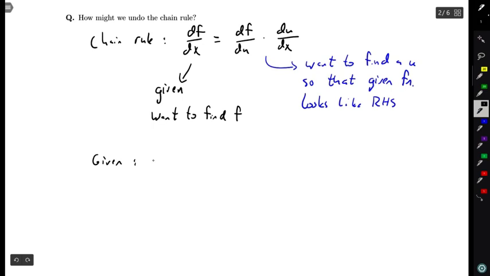How we did that with the previous example was we were given this function cosine of pi t. We found a u, this being the inside function for our chain rule. So we said that was u equals pi t.